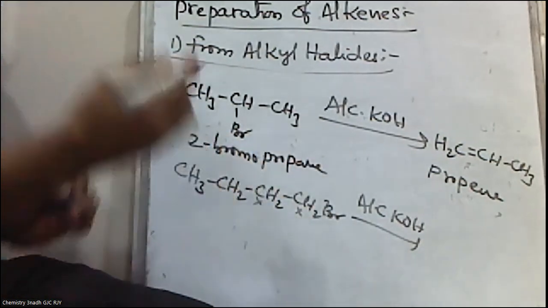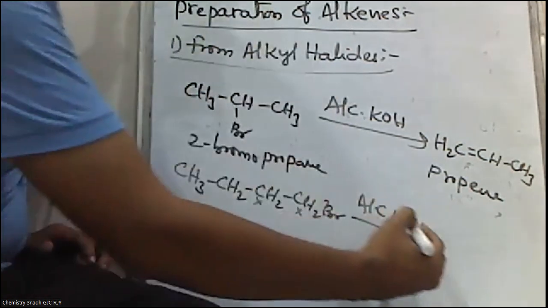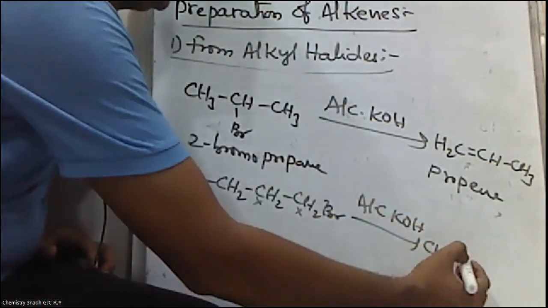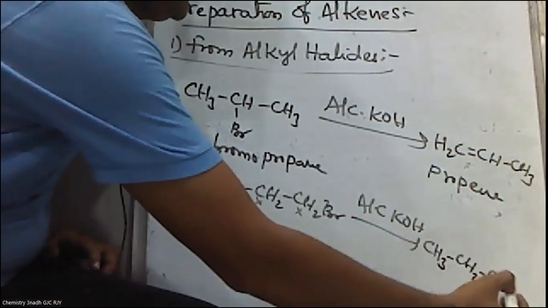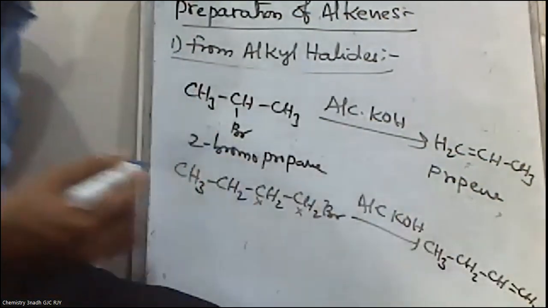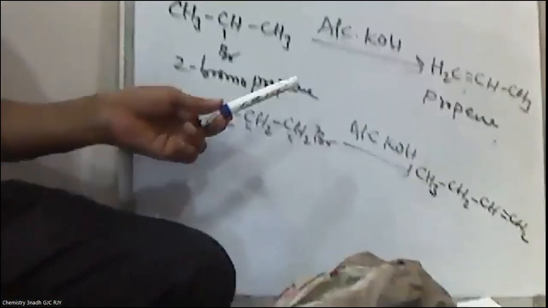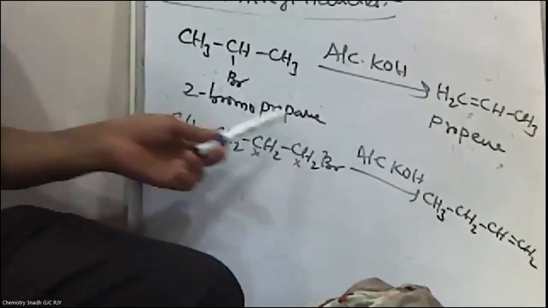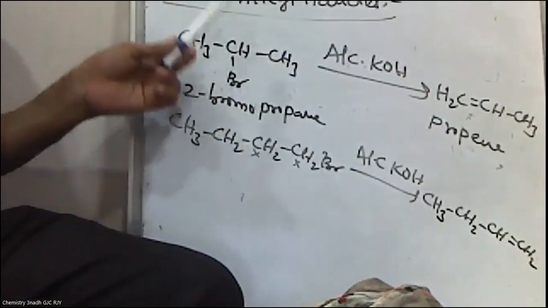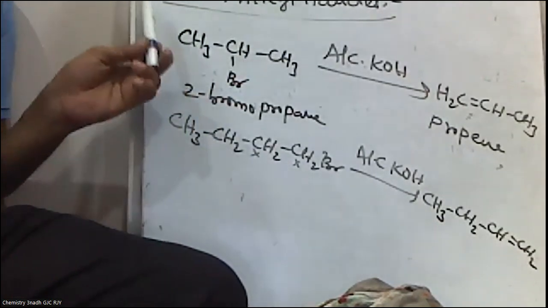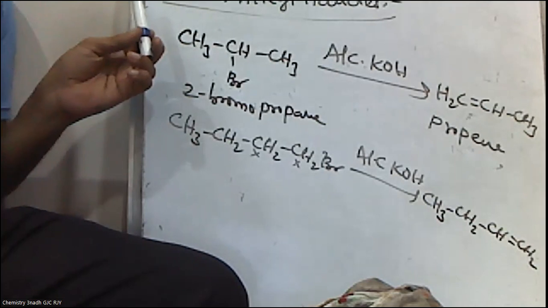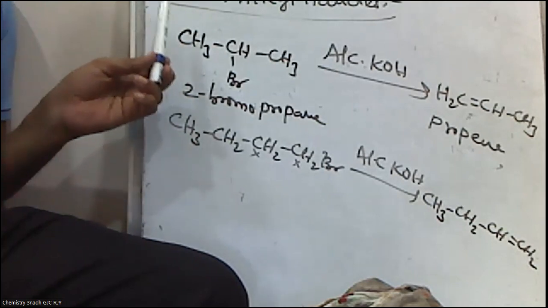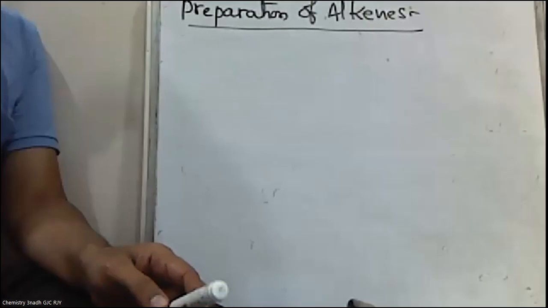From this carbon, hydrogen will be removed, and you will get the final product CH3CH2CH=CH2. So this is 1-butene. Its name is 1-butene. So dehydrohalogenation of alkyl halides is one of the important methods for the preparation of alkenes.